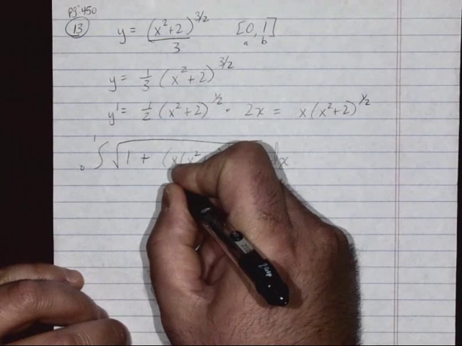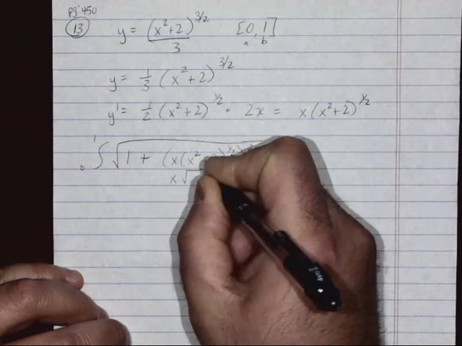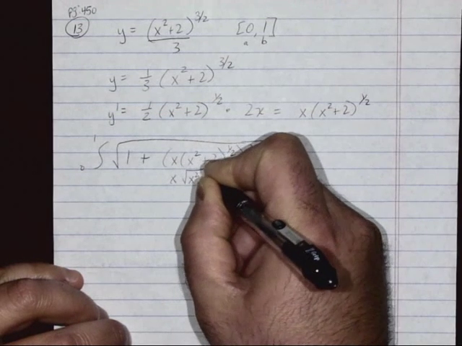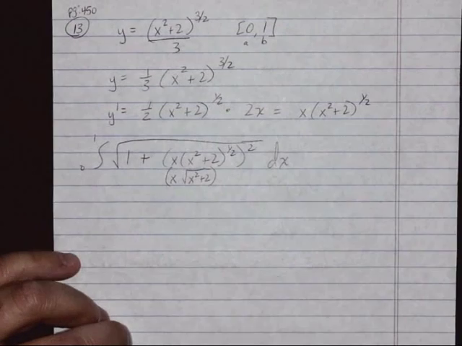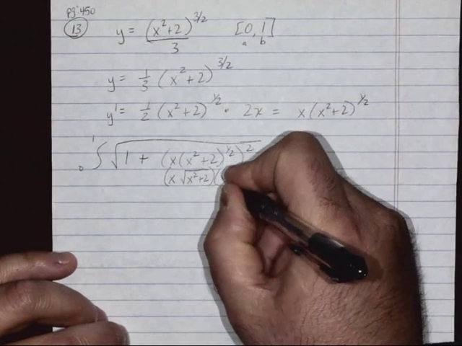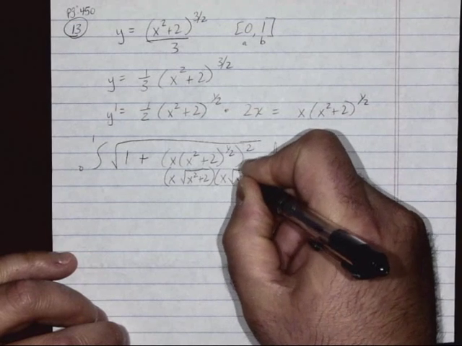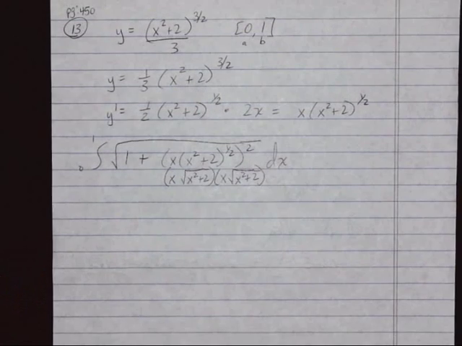So this is going to be x times root x squared plus 2. Okay, and then I'm going to essentially times it to itself, since it's getting squared. So it looks like this. So basically I just wrote the 1/2 power as square root.